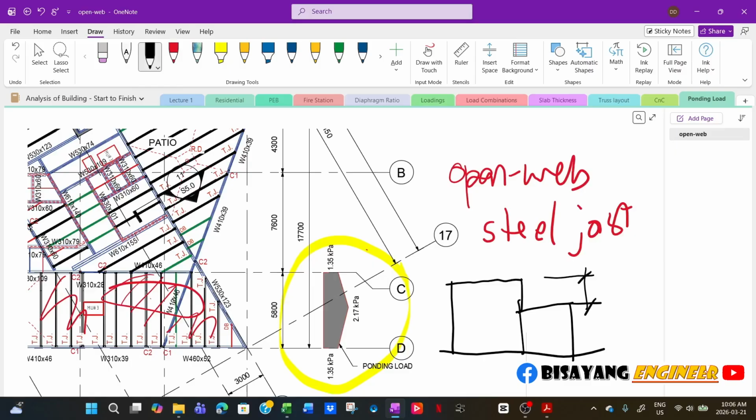Now the situation is the mechanical engineer, under the requirements of the architect, wanted to have all the rainwater leaders or downspouts go from the upper roof down to this lower roof here.